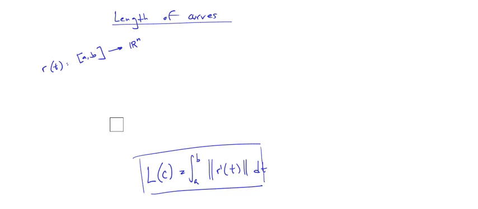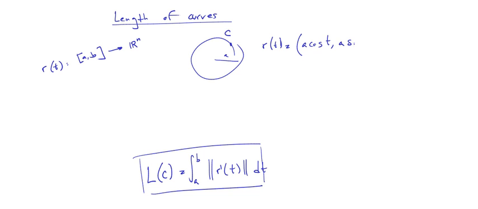In some cases you're going to have to think about the parameterization, but in some cases it's given like that. So for instance, you have a circumference of radius a, this is the curve c. It doesn't matter where the origin is. We can parameterize it like this, r of t, a sequence of points in R2, in the plane. So the parameterization is a vector of two components. The first one is a cosine of t, the second a sine of t.